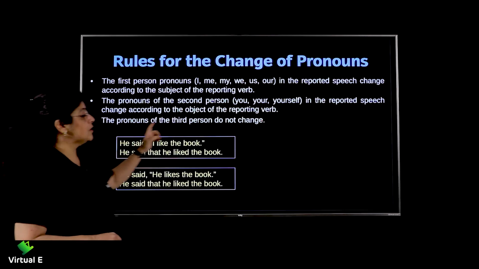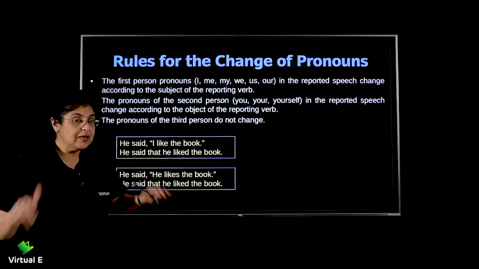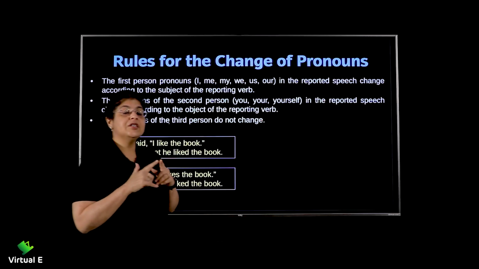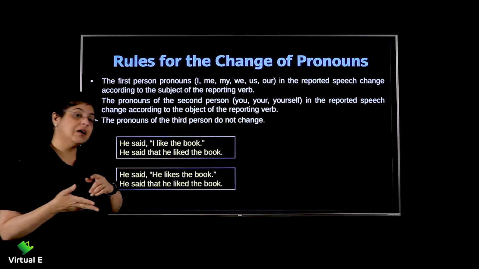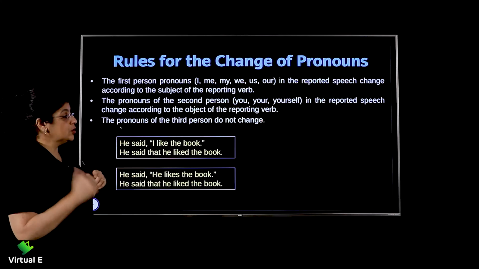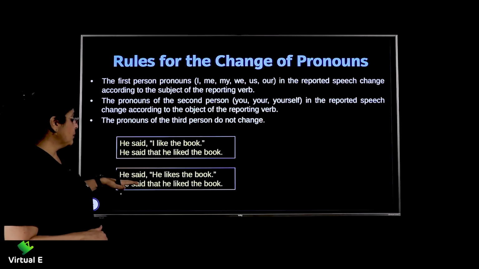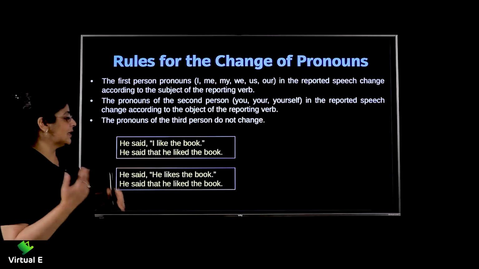Then, the pronouns of the third person do not change. Third person is what? He, she, it, himself, herself, his, her, all the third person, they, them, all those are the third person. So, he said he likes the book, he said that he liked the book.